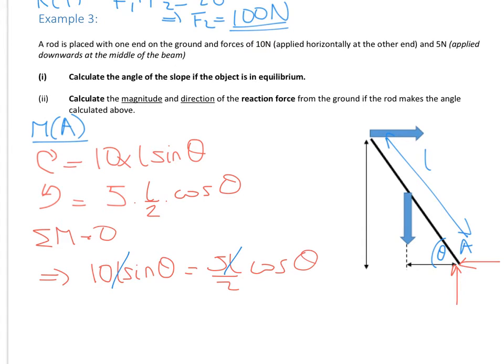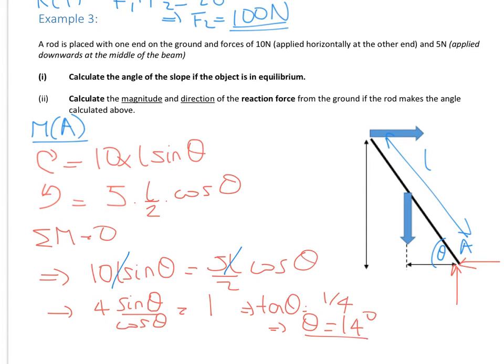Let's clean up these fractions by multiplying both sides by 2 and dividing by 5. So you multiply by 2, you get 20, divide by 5, you get 4 sine theta over cosine theta is equal to 1, which implies that tan theta is equal to a quarter, which implies that theta is going to have the value, let's take inverse tan of 0.25, an angle of 14 degrees, essentially.